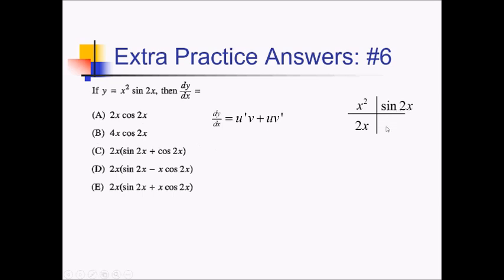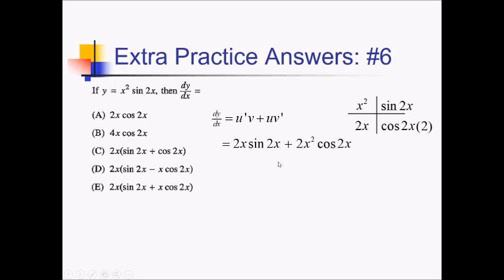So we're going to have cosine of 2x times the derivative of 2x, times 2. Multiplying it all out now, this is going to be 2x sine of 2x. So we're using our ribbon to multiply it out. And the answers are going to be more or less simplified, so let me just simplify this as we go. This is going to be a 2, an x squared, and a cosine of 2x that we're adding in here.